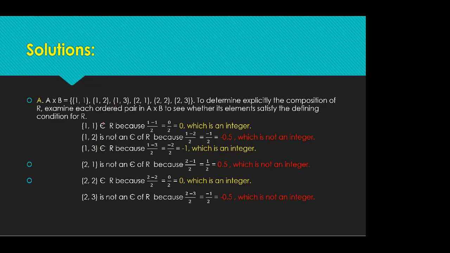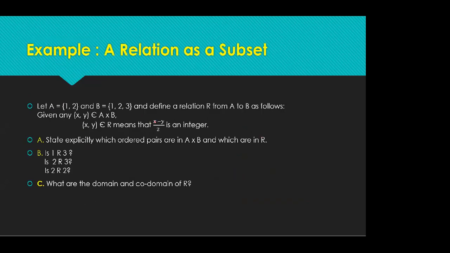Guys, we test all the ordered pairs that are available in the Cartesian product. Then we test if x minus y, all over 2, is an integer.